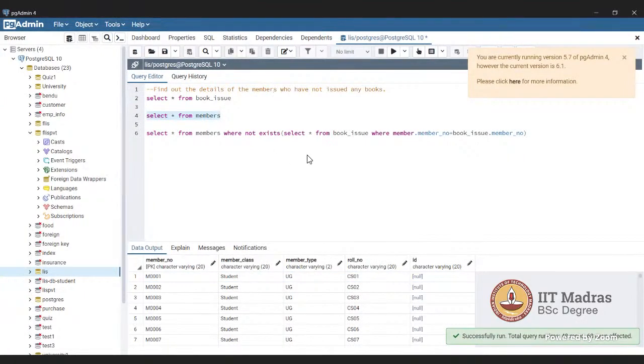So my approach is, the inner query will return those who have issued at least one book, and the outer query will return true if not issued any books, because there is the not exists operator.